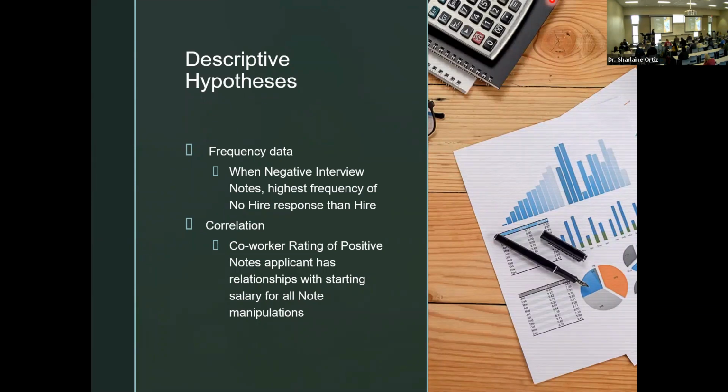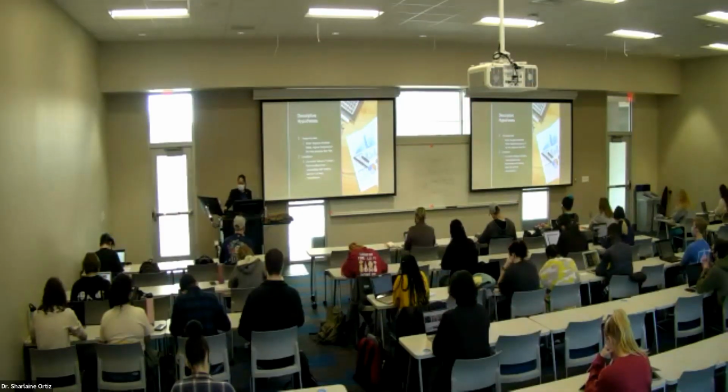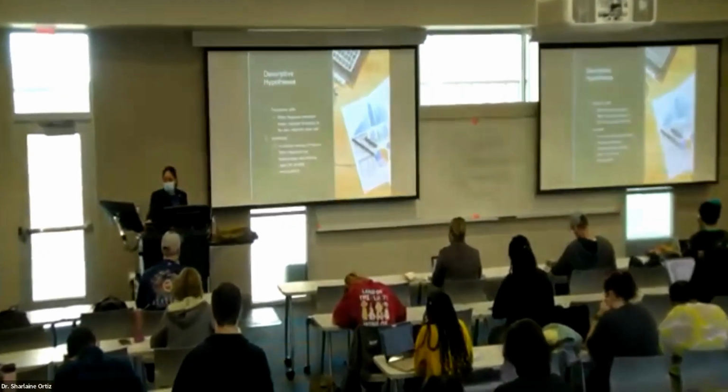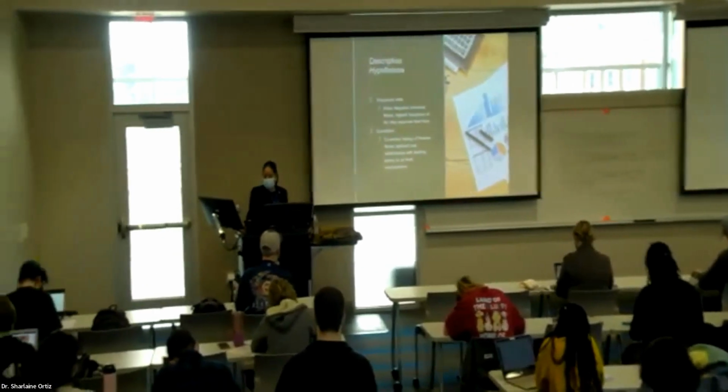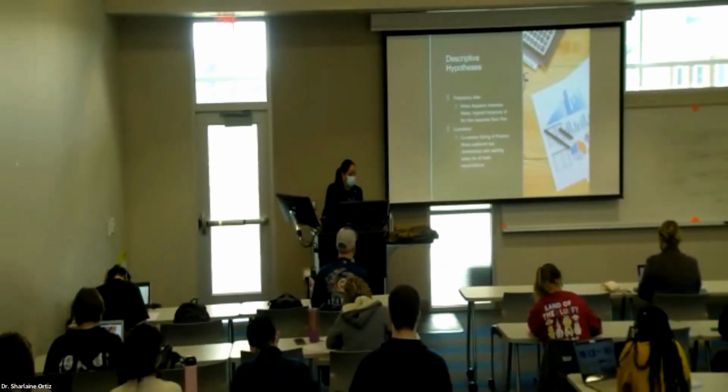Whenever we are thinking about a descriptive hypothesis, generally what it is trying to do is simply, as the term suggests, provide information about descriptive data. And descriptive data can be, for example, frequency data. Whenever we are referring to frequency data, think about aspects of, for example, gender.